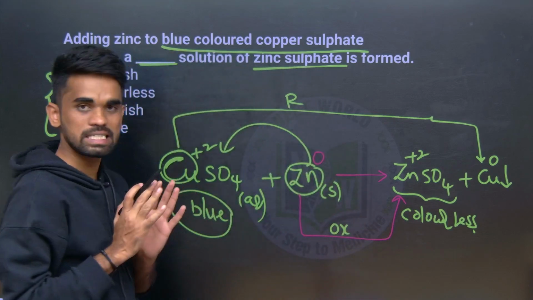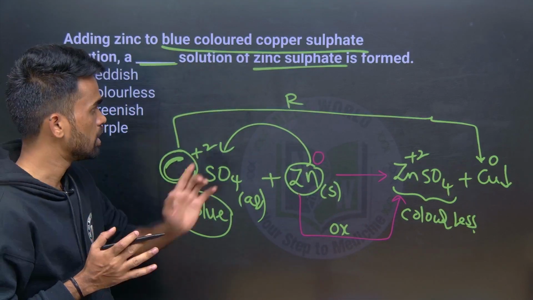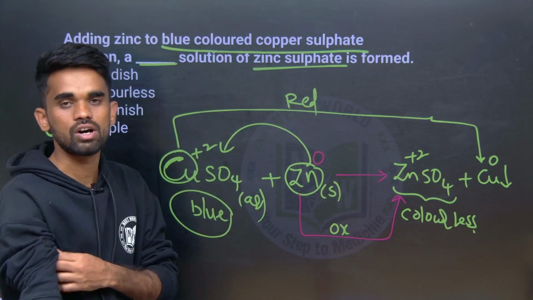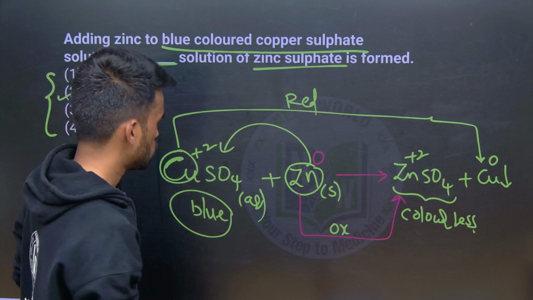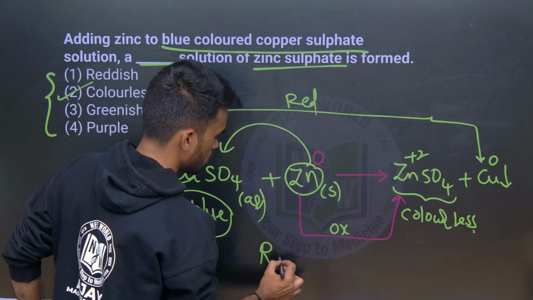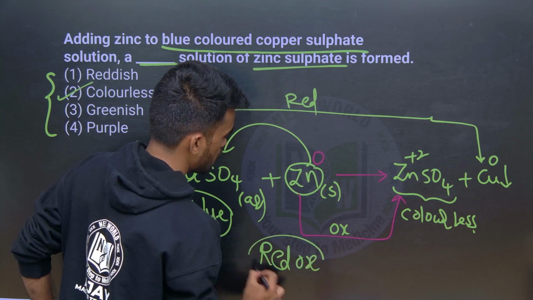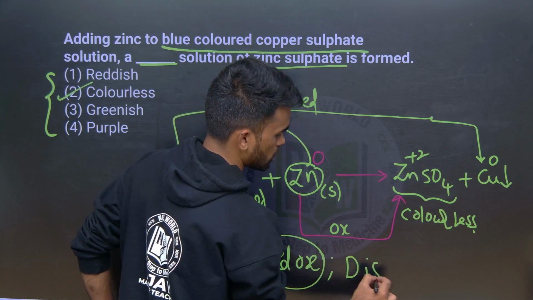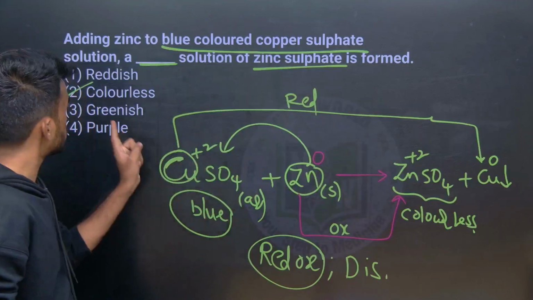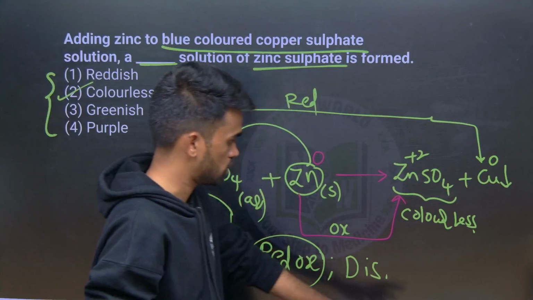Hope it is clear. So this is an example of a redox reaction as well as a displacement reaction. Hope the answer to this question is clear now. It is a colorless solution.